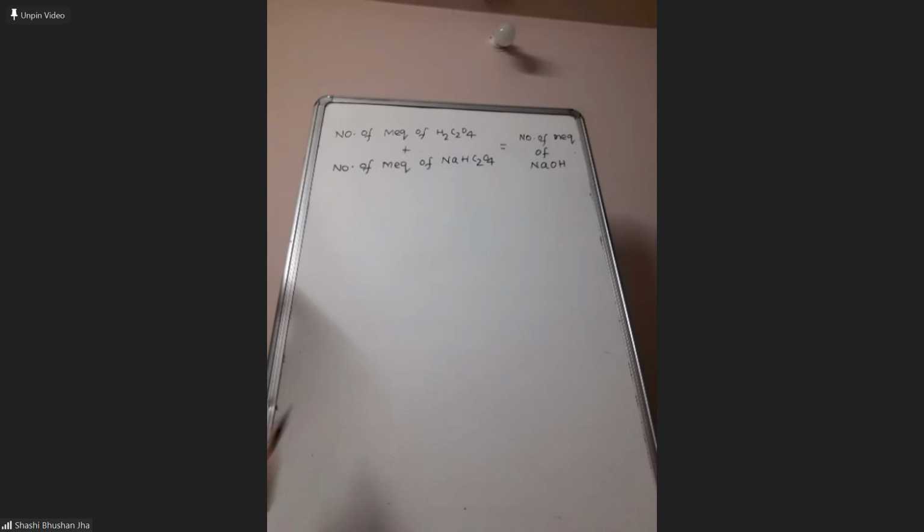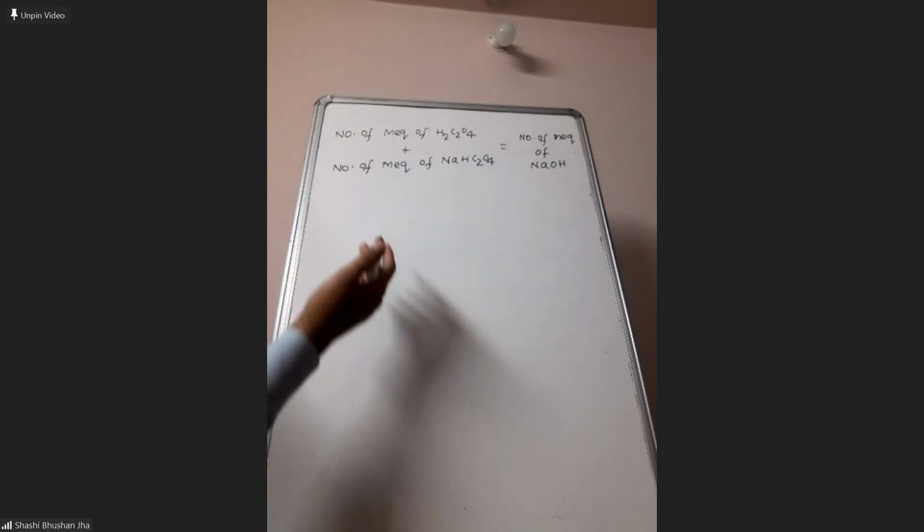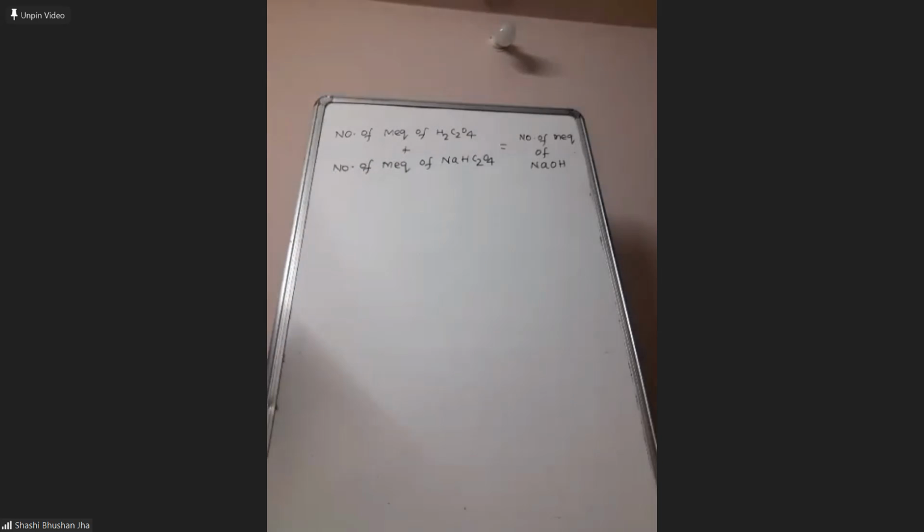So the solution has oxalic acid and sodium bioxalate both. So when you add sodium hydroxide, both the compounds will consume sodium hydroxide. So total number of milli equivalents of sodium hydroxide consumed will be equal to number of milli equivalents of oxalic acid plus number of milli equivalents of sodium bioxalate. Now, in the question, the molarity of oxalic acid and sodium bioxalate is not given.